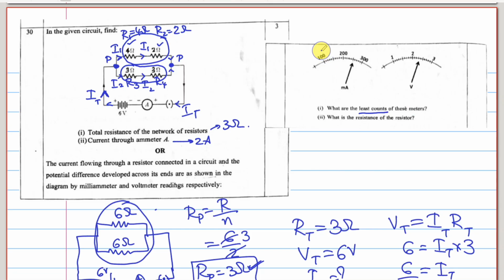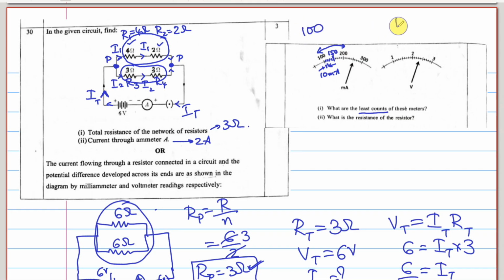So in this meter we can see we have 10 divisions between 100 and 200, right? So at this fifth division it will be 150 milliamps, right? So each division between 100 and 150 will represent 10 milliamperes, because we have 5 divisions, 1, 2, 3, 4, 5 divisions to make up 50 milliampere between 100 and 150.